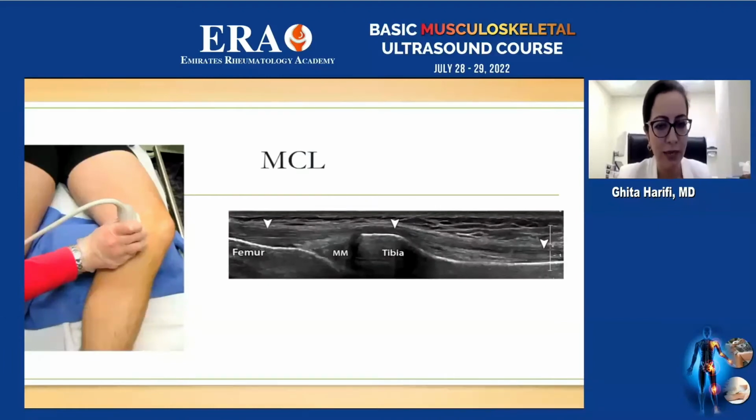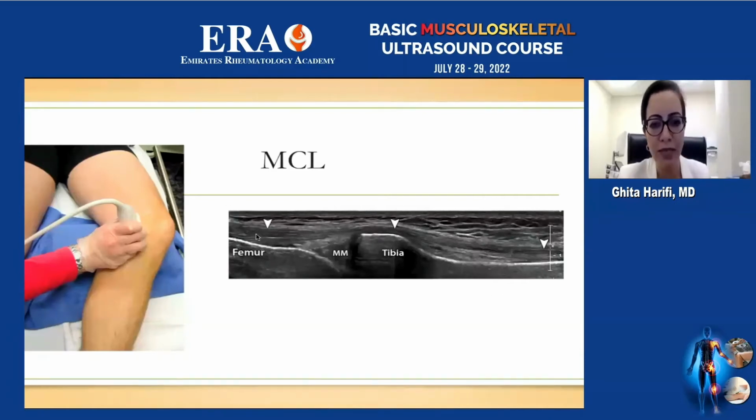So you can identify it and follow it from its insertion. So, coronal position for the transducer on the medial joint line, and then you start toggling medially and laterally, looking for this bulky aspect of the MCL. Obviously, the entire extent of the MCL should be evaluated in the long and short axis. So this is the probe positioning.